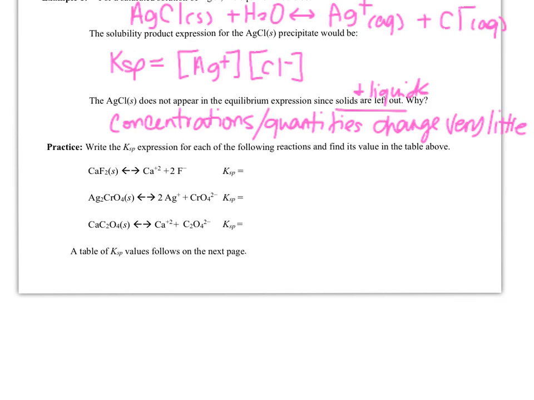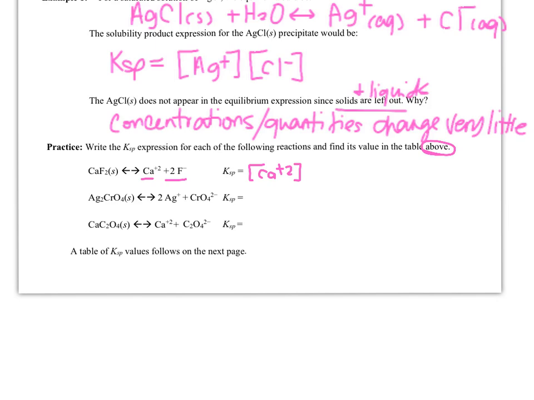All right. So what I want you to do in this case is just practice writing the equilibrium expressions for each of the following. And then you can find its value in the table. It's supposed to be on the next page, not above. But your KSP, right, is going to be based on your ions. So my first one, for example, would be Ca plus 2 in brackets. Notice I'm using the brackets. The reason I'm using brackets is because these are all ions.